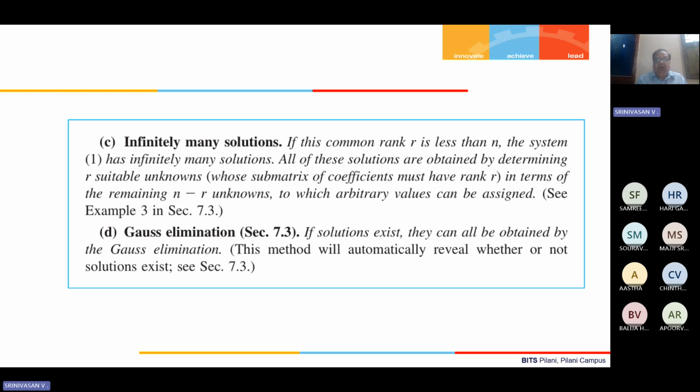Now, of course, we are going to see this in detail later on. If solutions exist, they can all be obtained by Gauss elimination. You know very well that normally we do the elimination method by taking a pair of equations at a time and eliminating one of the variables.